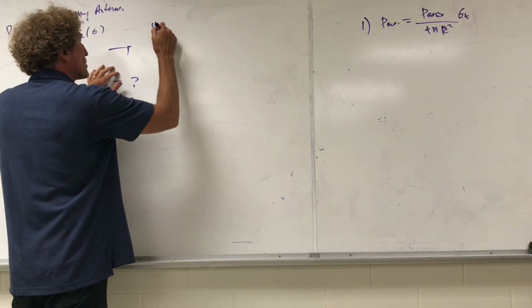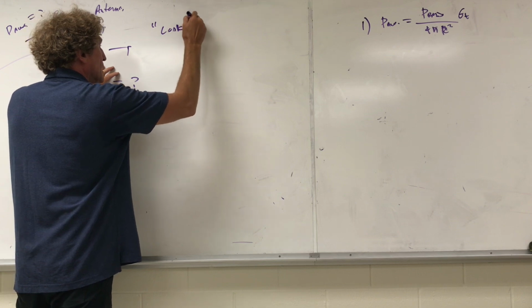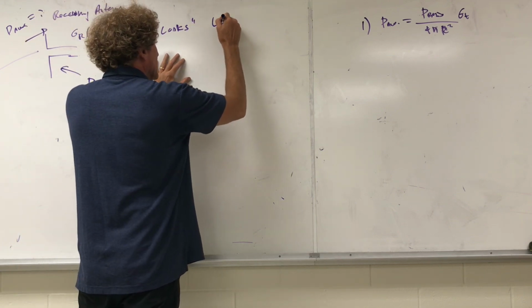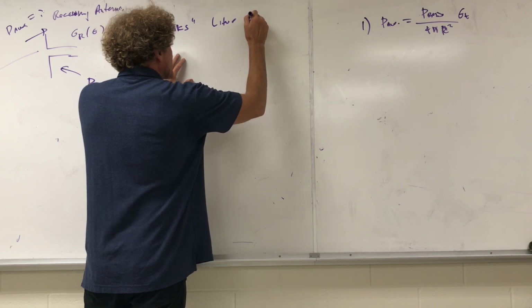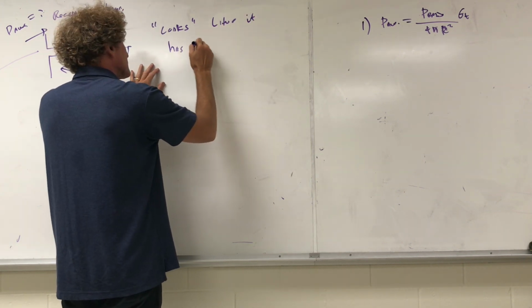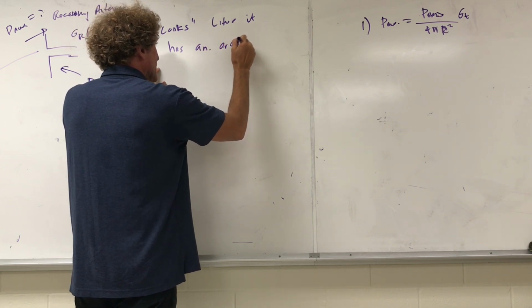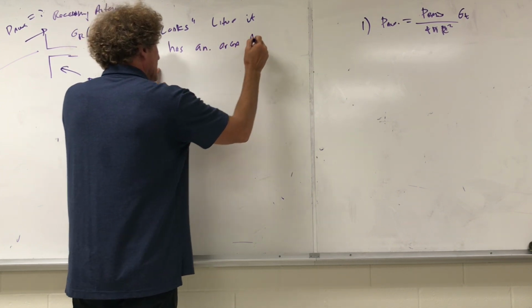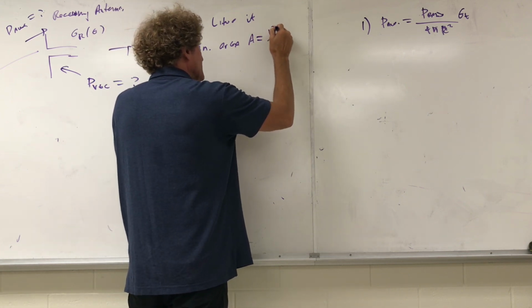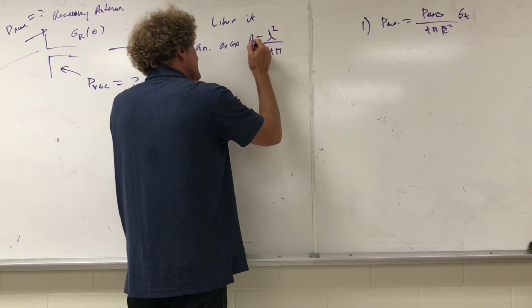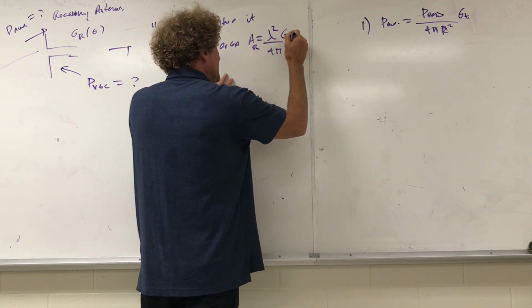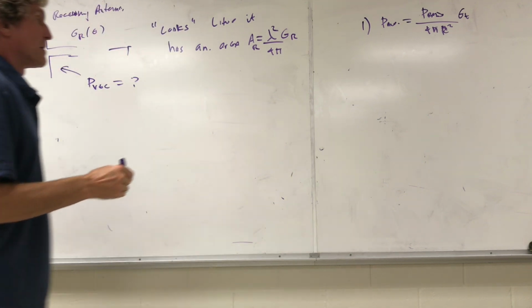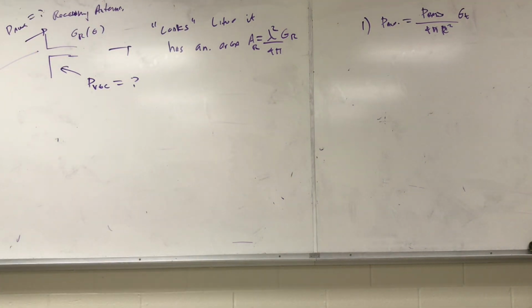It, quote, unquote, looks like it has an area A equal to lambda squared over 4 pi, and this is the receiving antenna, times the gain of the receiving antenna. So the area, this is how big it looks. The units of that are meters squared. Lambda squared is the wavelength squared, divided by 4 pi, times the gain of the receiving antenna.